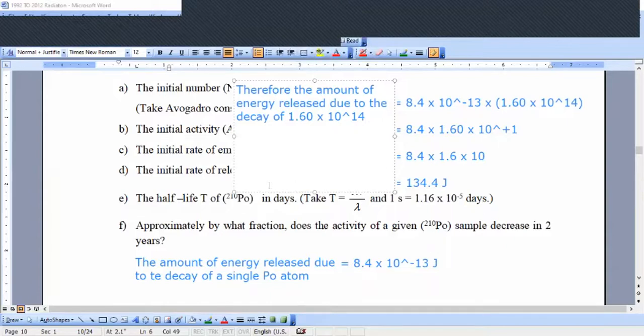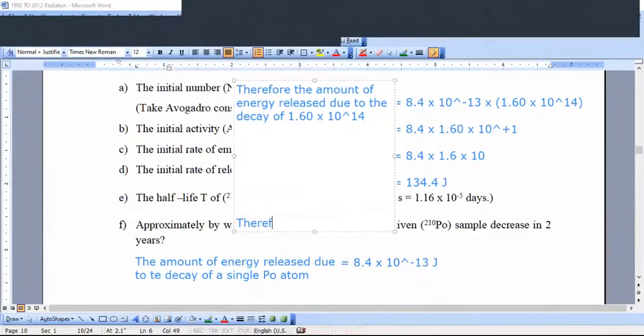Right, but we should write one more statement.